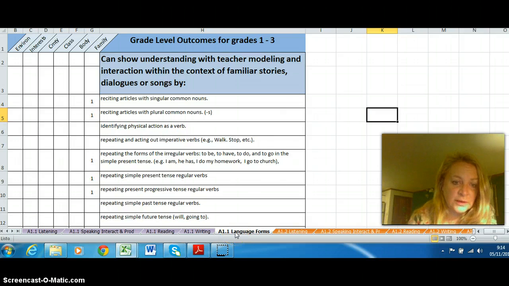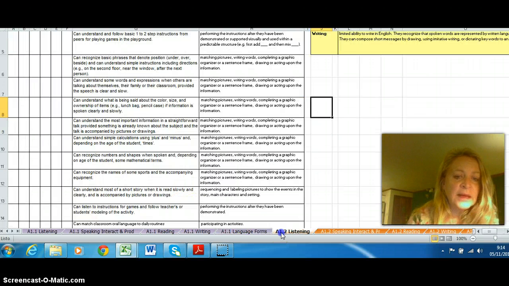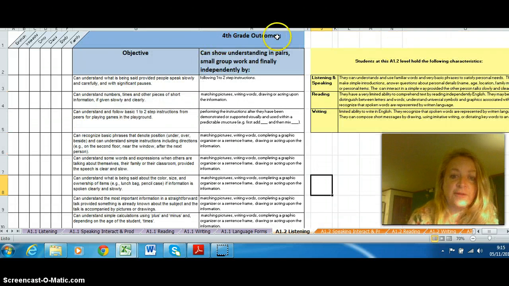I've also included language forms so that the asesores and whoever else is working with the curriculum can know exactly which language forms are going to be worked at which grade level. As you can see here in a different color in yellow, I have A1.2, and that would correspond then to grade 4.